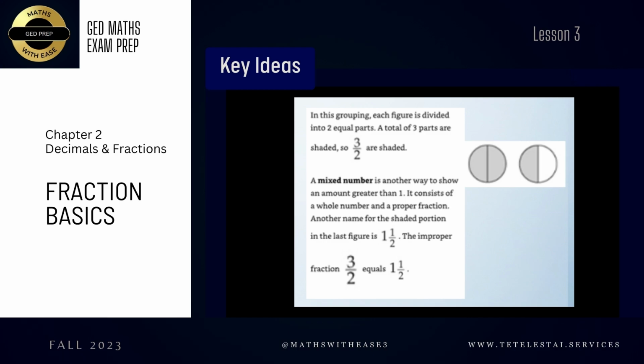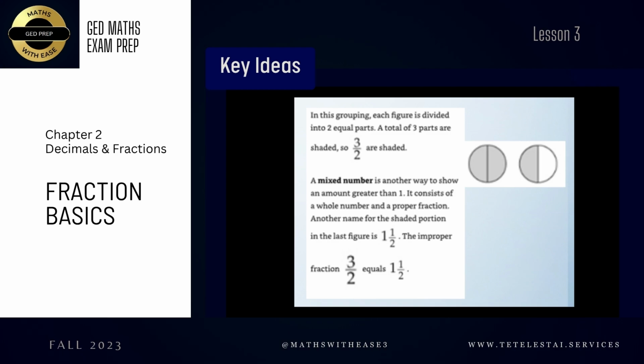And if you wanted to write it as a mixed fraction, it's essentially the same thing, and you'll see what I mean in just a minute. You would ask yourself, how many times does 2 go into 3? 1. And what do you have left over? 1.